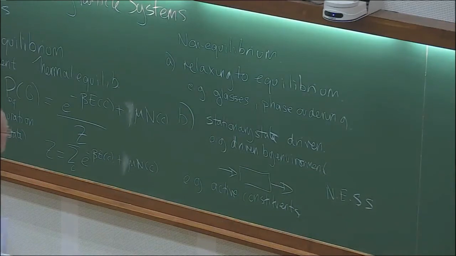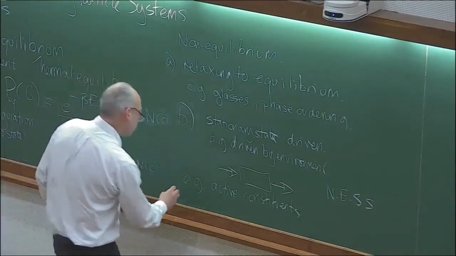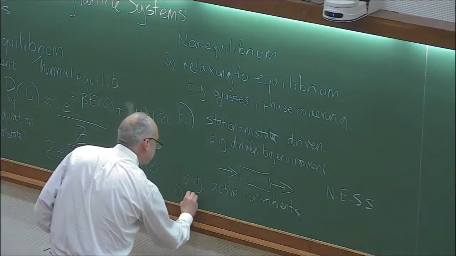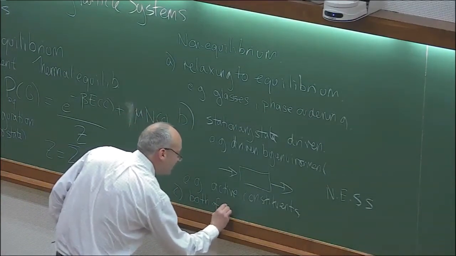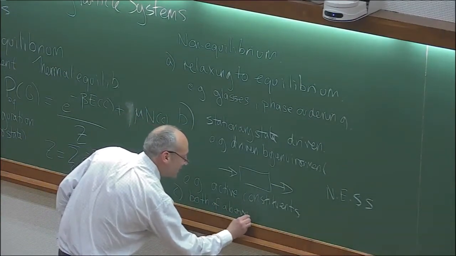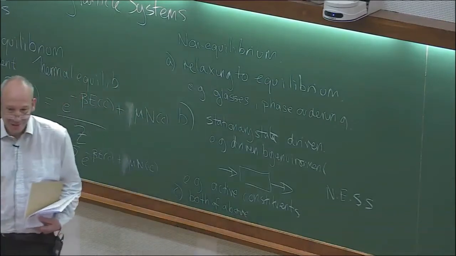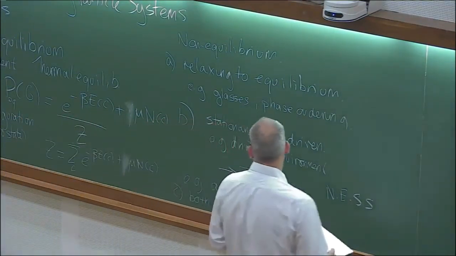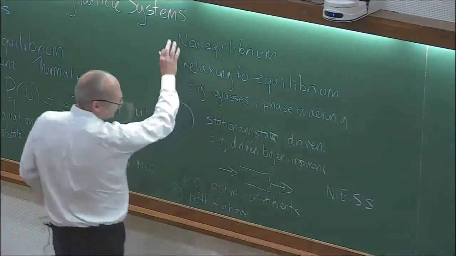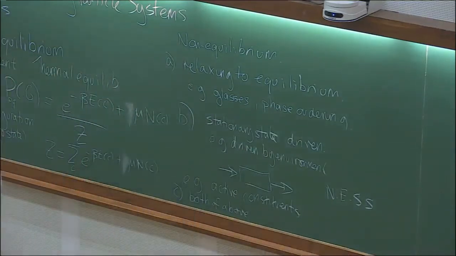Or, if you think about it, we've got A and B. We could have C, which is both of the above. We could be relaxing slowly to a non-equilibrium stationary state, and so on and so forth. But in general, we can unify these things at a very general level by saying that all these systems are defined by dynamics.